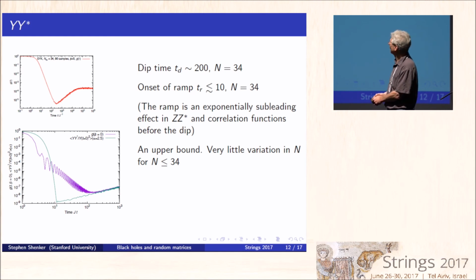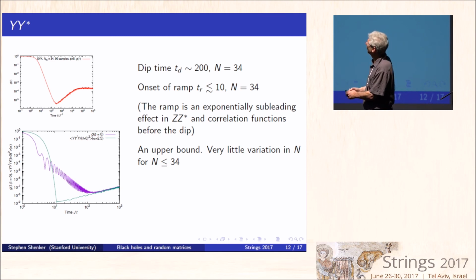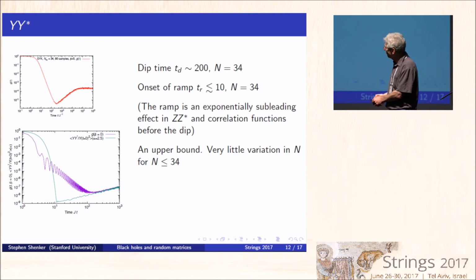Yes. Okay. Well, first, to orient you, the location of this dip is probably exponential in n. This would be e to the n time, and this would be e to the n over 2 time. E to the s time and e to the s over 2 time. That's what we think they scale as in entropy scaling. And then the guess would be that this thing would continue and be a log s time.